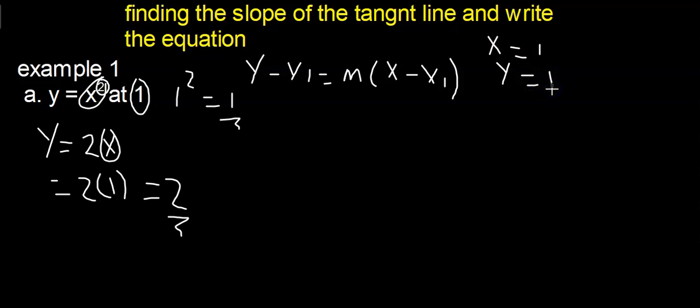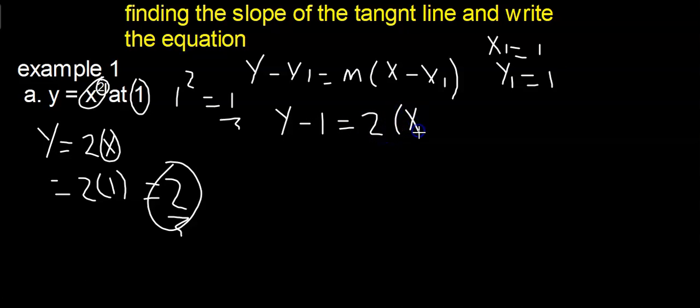Now that I have x, y, and also my slope, I can write the equation. I'm going to say this one is x1 and this one is y1. So y minus y1 is 1, equal to m times, m means slope, so it will be 2, and then x minus x1 is also 1.